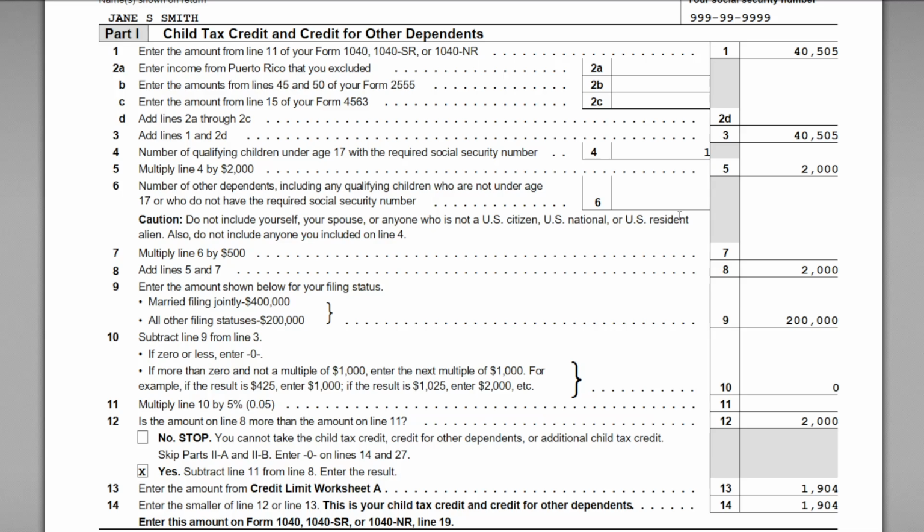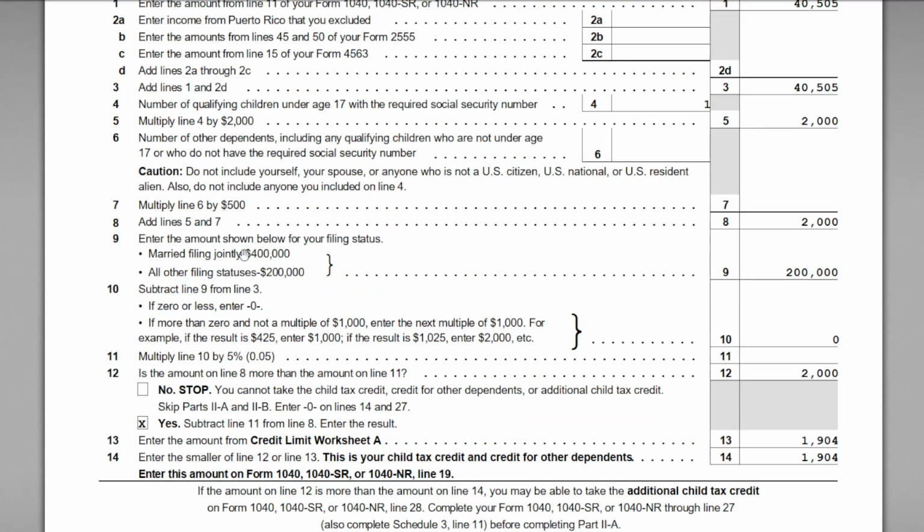Now, line 8, we add up lines 5 and 7. We're left with $2,000, and so now we start to enter the potential phase-outs. So on line 9, enter the amount based on your filing status. Well, we're filing as head of household, so we're going to use $200,000. We enter that on line 9. And then line 10, we are subtracting line 9 from line 3.